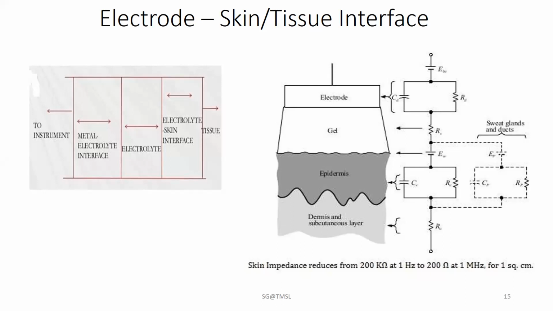These motion artifacts result primarily from the mechanical disturbance of the distribution of charge at this electrode electrolyte interface, and it is reasonable to expect that the motion artifact is minimal for non-polarized electrodes. Okay, so move on to the next slide.